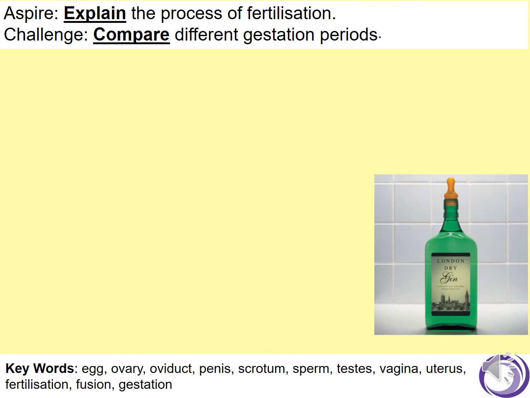Another thing that a mother should not be passing through to its baby is summarised by the emotive picture there of a gin bottle with a baby's dummy stuck in the top.